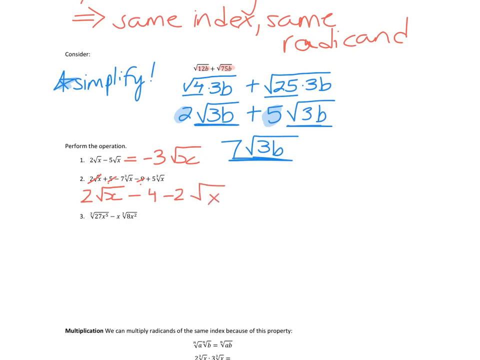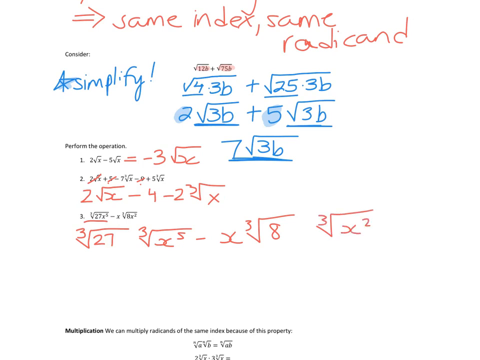And then the cube root of x. And number 3, we finally have to simplify. So we're taking cube roots. If you want to take this intermediate step and separate out your radicals, please do. Something like this, separating out the cube roots.